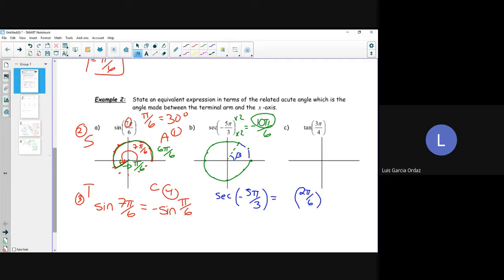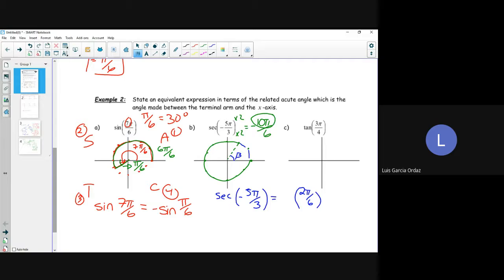Okay? And what quadrant does our acute angle land on? Which quadrant does it land on? So 1, which means all trig ratios are positive.